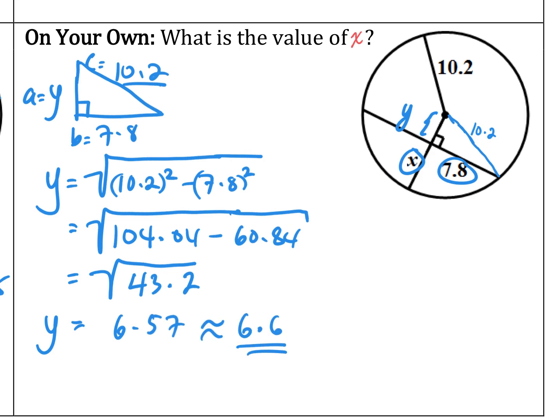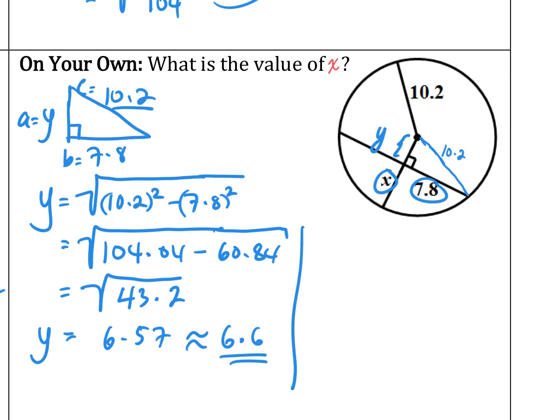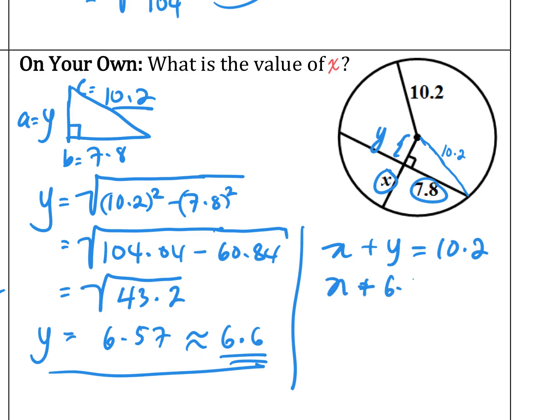Here we're going to equate again, just like what we have done. It means that x plus the value of y, which we have gotten right now, is going to be a total of 10.2. So x plus 6.6 is equal to 10.2, minus 6.6 on both sides.